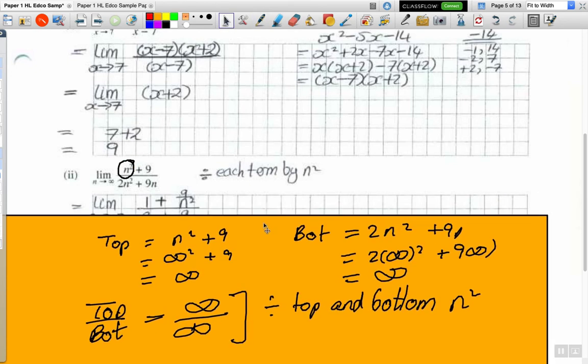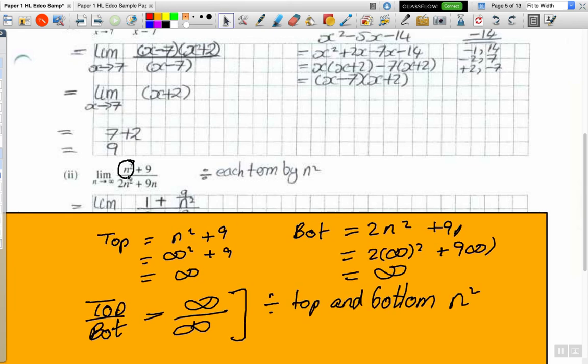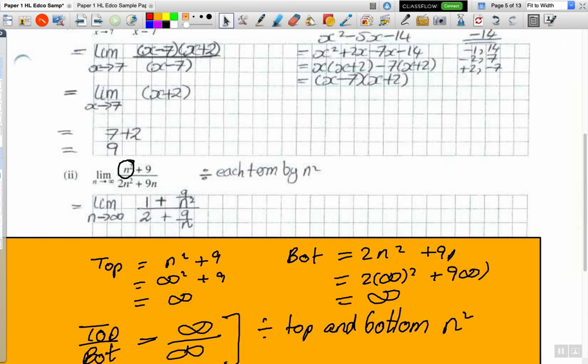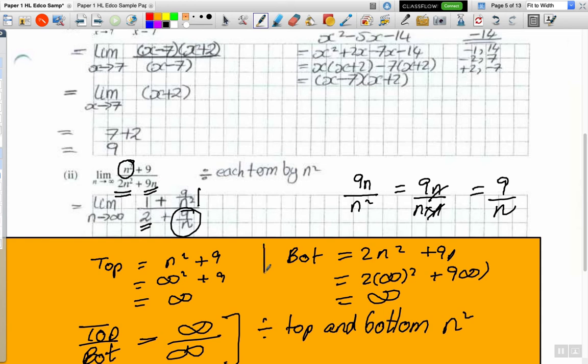So when you do that, n squared divided by n squared is 1. 9 divided by n squared is 9 over n squared. 2n squared divided by n squared is 2. 9n divided by n squared is 9n over n times n. The n's cancel, so it just becomes 9 over n, which is what we have here.